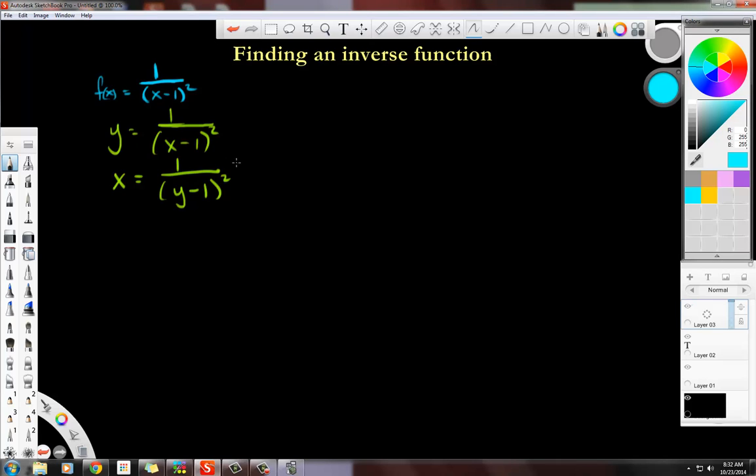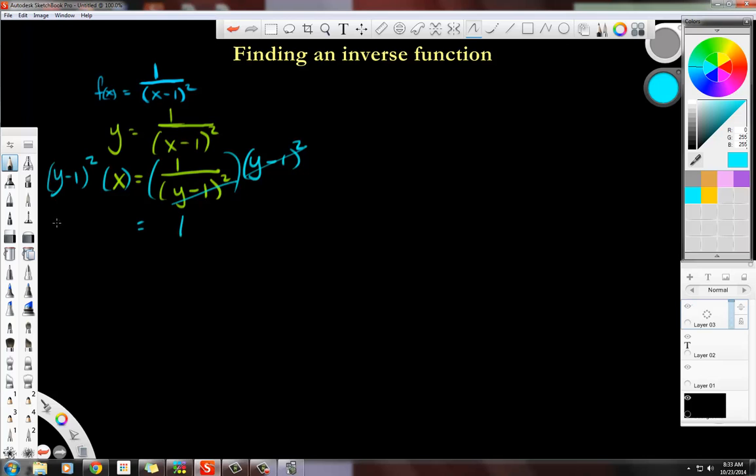All right, so I'm going to basically multiply both sides by this denominator. And over here, I'm going to have that. Okay? And then I'll show you a little tip on why that works the way it does. Now, here's what happens. This thing here cancels this, leaving me with 1 on this side.